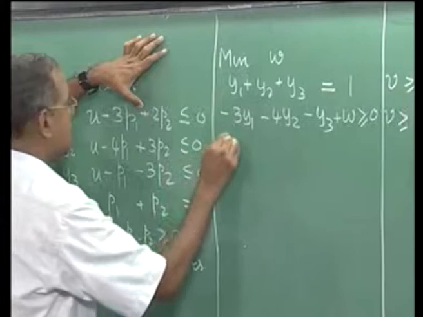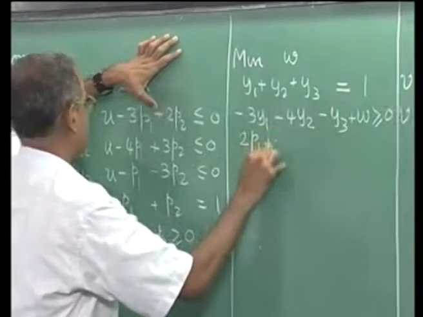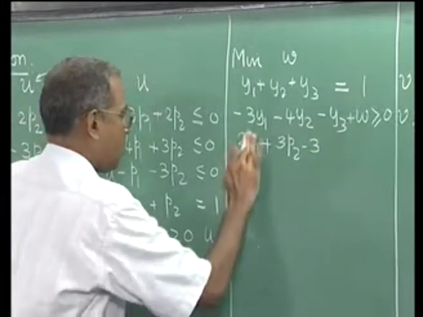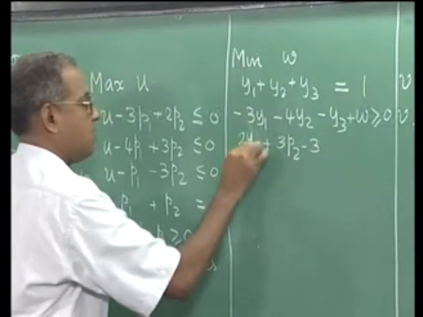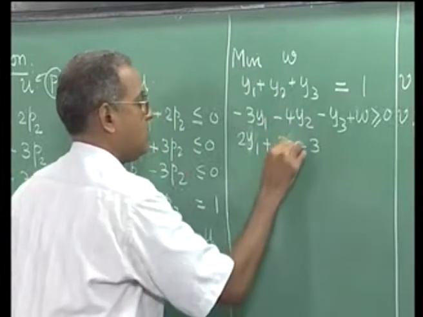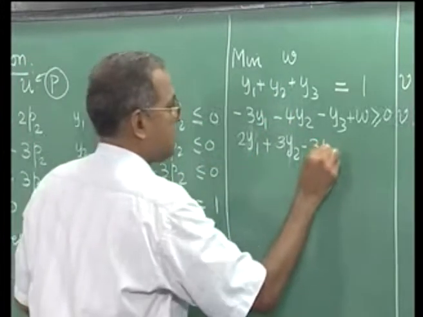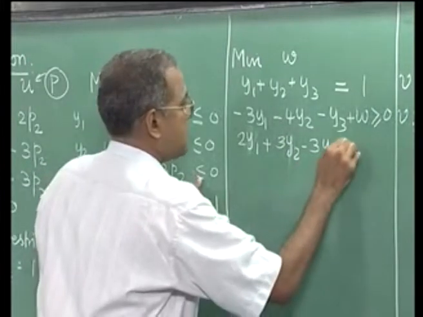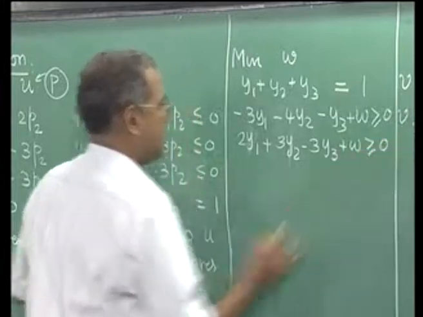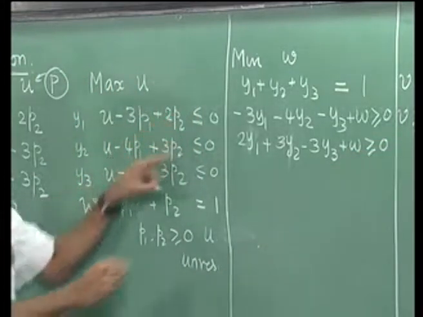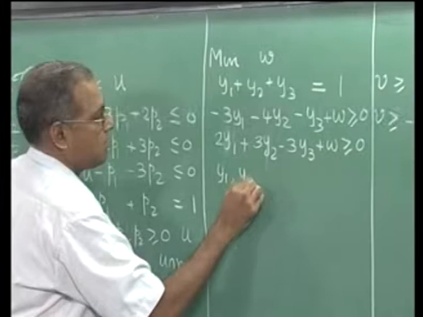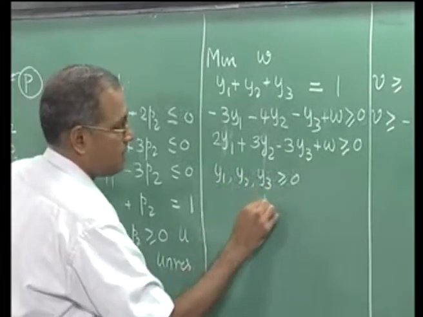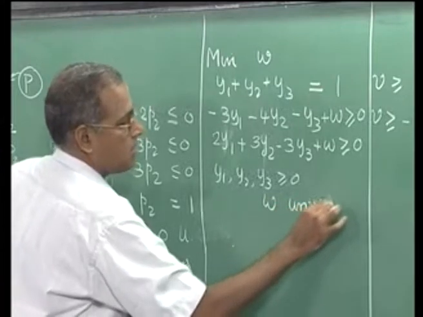Then we will get for this 2p1 plus 3p2: minus 2y1 plus 3y2 minus 3y3 plus w is greater than or equal to 0. We have y1, y2, y3 greater than or equal to 0, and we have w unrestricted.